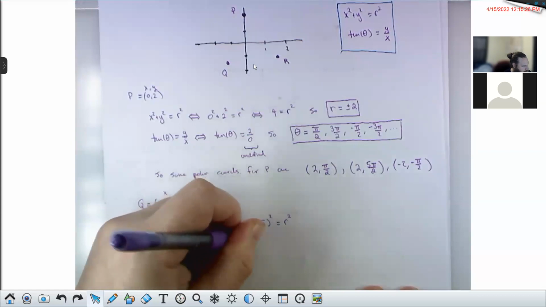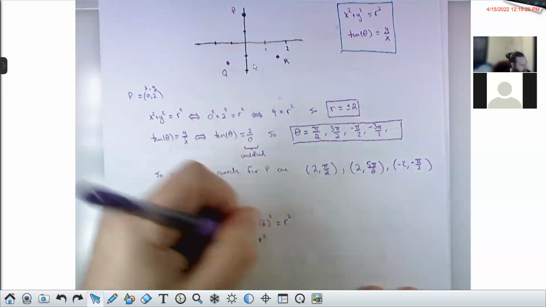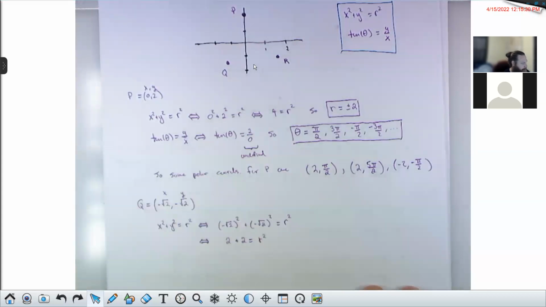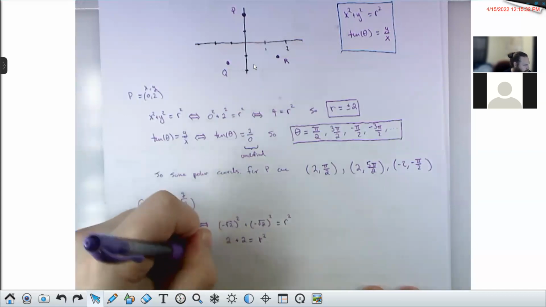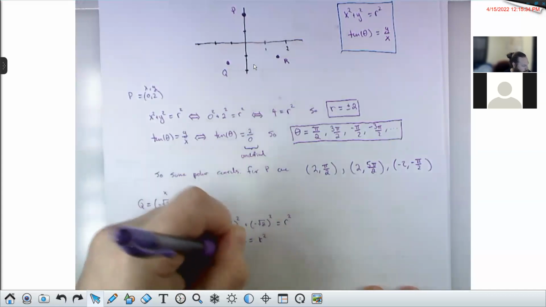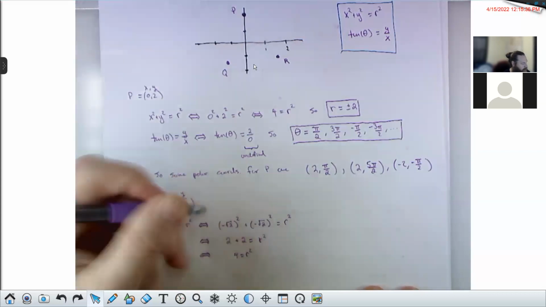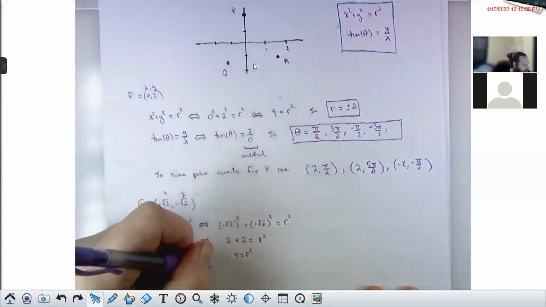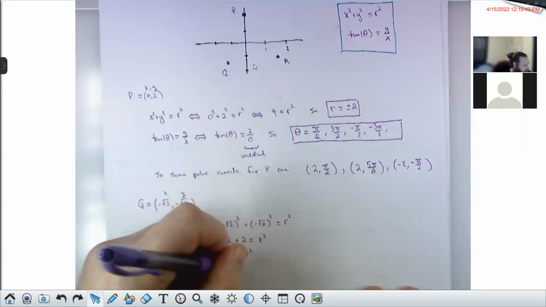So this is 2 plus 2 equals r squared. So again, 4 equals r squared. I just realized I think all of these had radius 2. So r has to be one of plus or minus 2, just like the last guy.